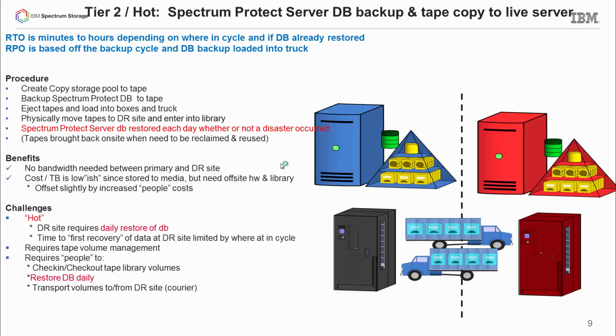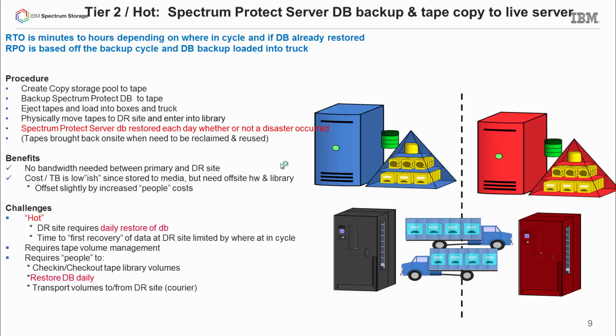If there is a disaster, all we have to do is have the Spectrum Protect client start accessing this DR site instead of the primary site, which means you probably have to update the option files with the new IP address of the DR site. The recovery point objective depends on where in the database backup cycle you are when the failure occurs.